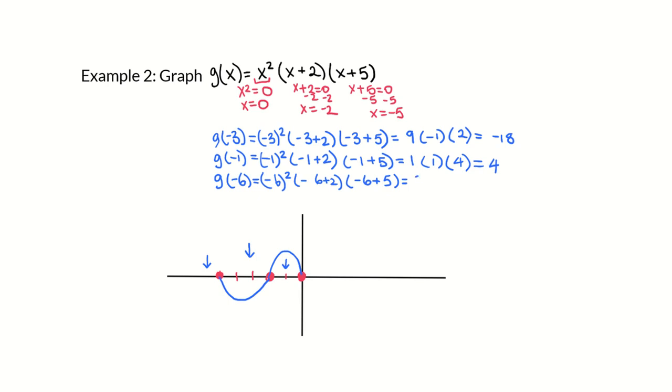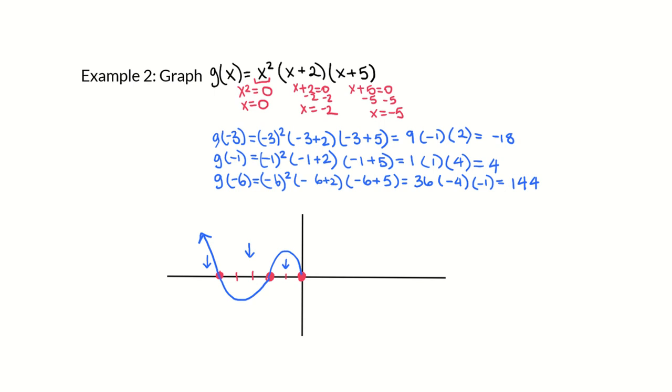Negative 6 squared is 36, times negative 6 plus 2 is negative 4, times negative 6 plus 5 is negative 1. Multiplying these together, we end up with a positive result of positive 144. Since that result is positive, to the left of negative 5, the graph is above the x-axis.